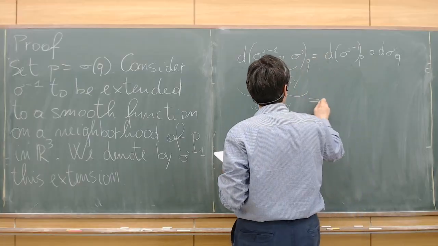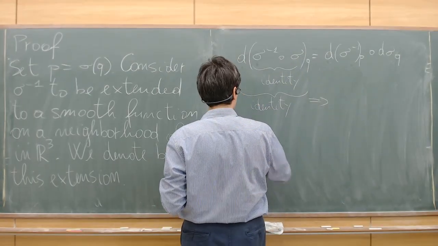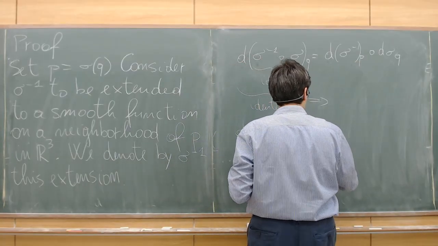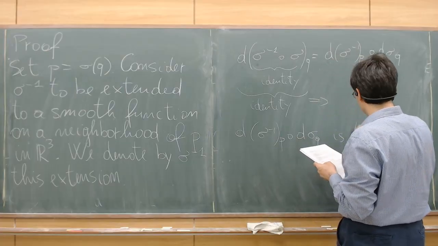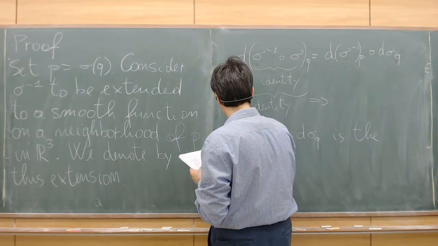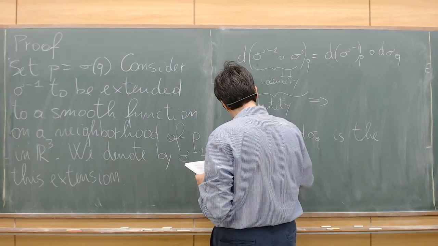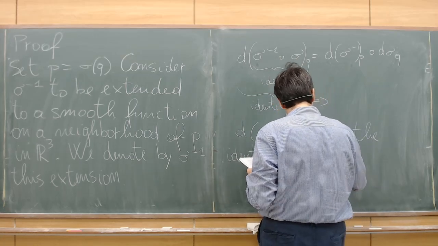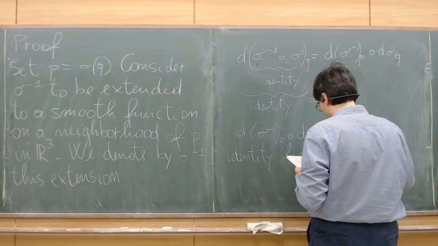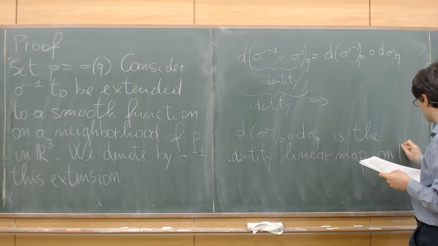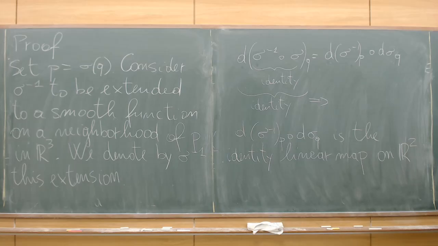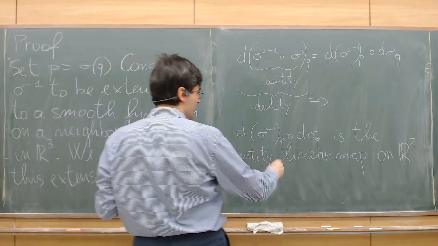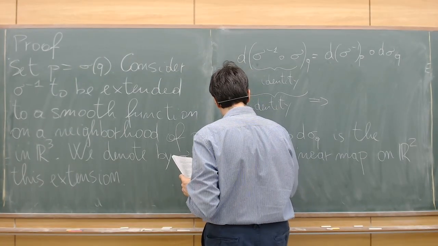So this implies that d sigma inverse evaluated at P composed with d sigma evaluated at q is the identity linear map on R2. And this map is then a map of rank 2.